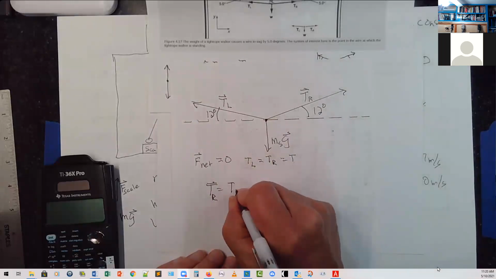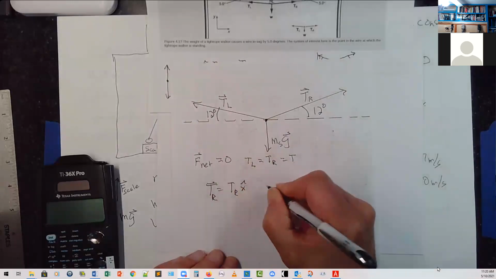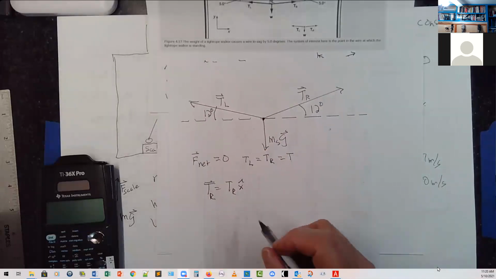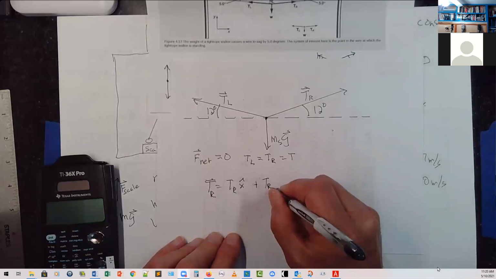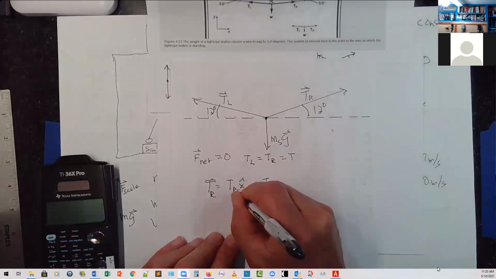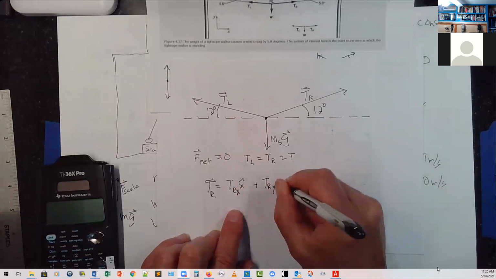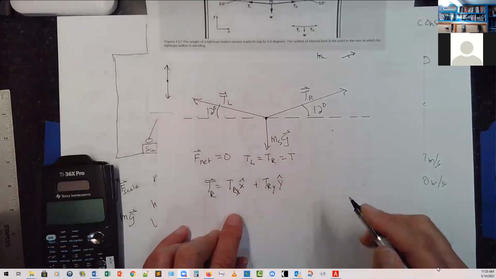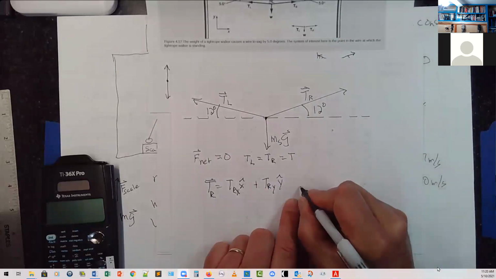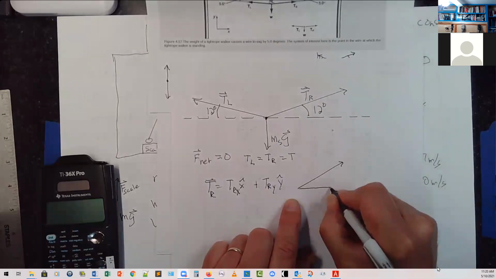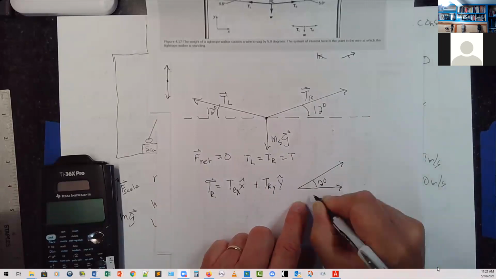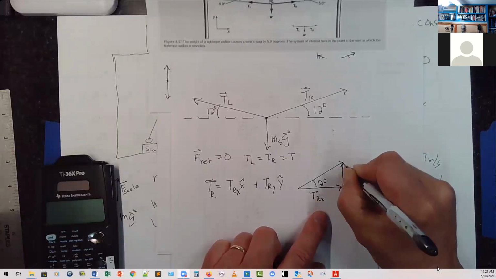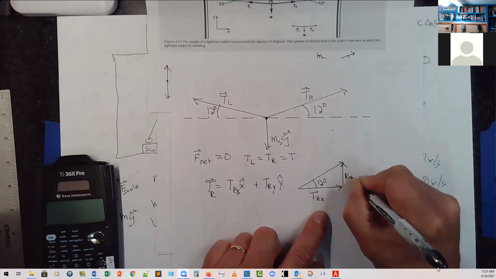This is T sub r x in the x direction, using my x hat notation, plus T sub r y in the y direction. But here's the thing, I can draw a picture to represent these things. This is 12 degrees. This would be T sub r x. This would be T sub r y.